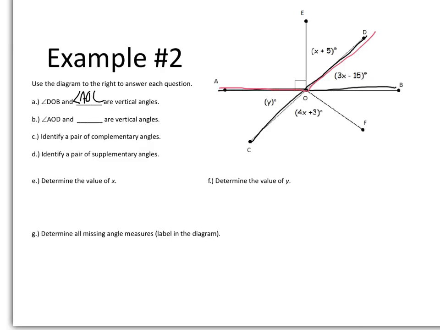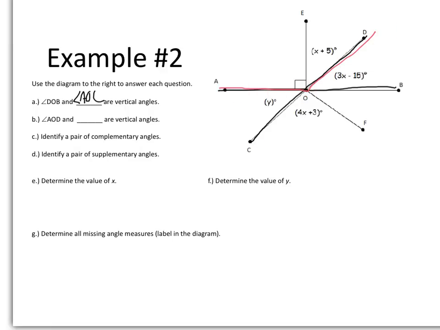And what are vertical angles? Again, identify the 2 intersecting lines, AO and DO. What other angle is directly across from it and is created by those same 2 lines?